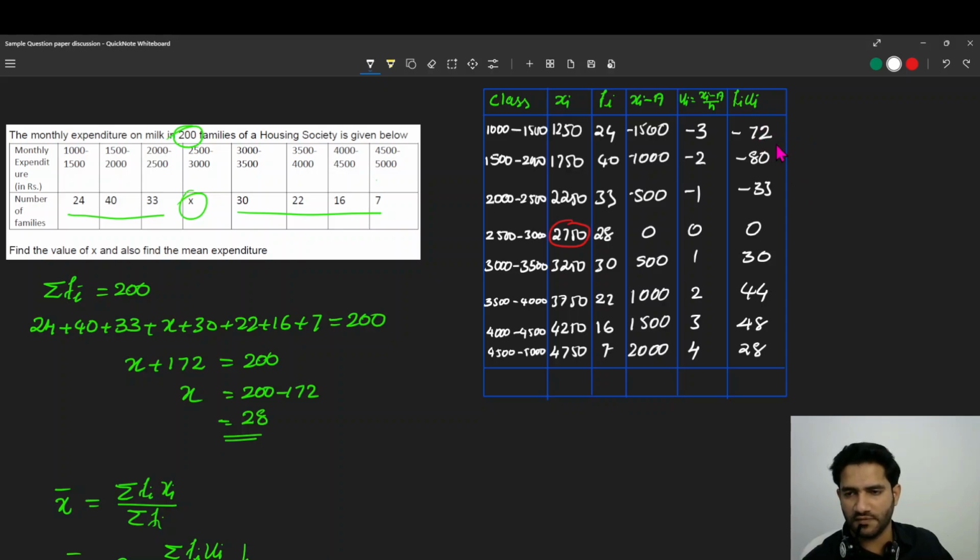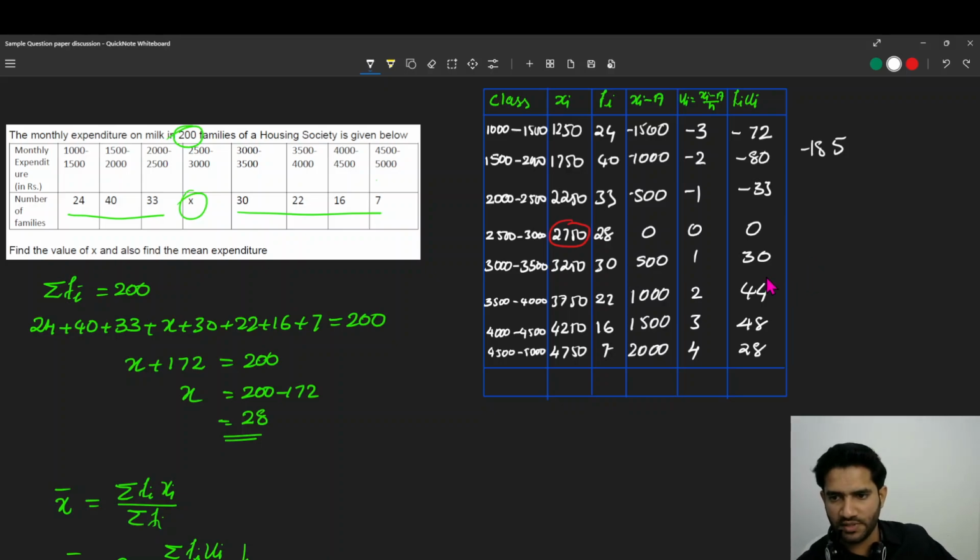Now look at here. First of all, we can add negative values. So it will be 72 plus 80, 152, plus 33, 185. So it is negative 185.